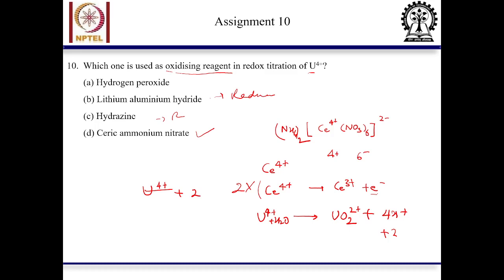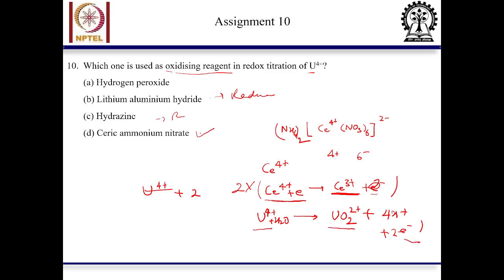The electrons will be on this side, and this will be 2 electrons, so you have to multiply by 2. Here we are finding an oxidizing agent, which should itself be reduced. So cerium will reduce to cerium 3 plus and it will oxidize your uranium 4 plus to UO2 2 plus.